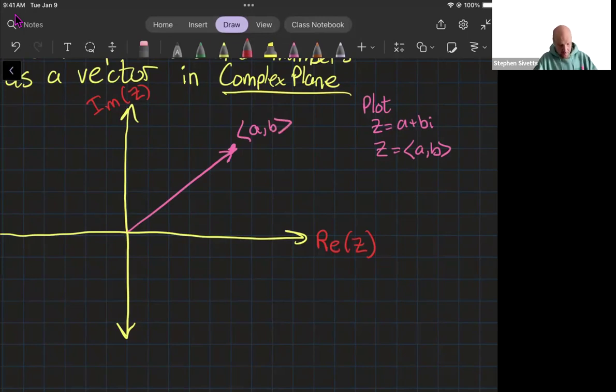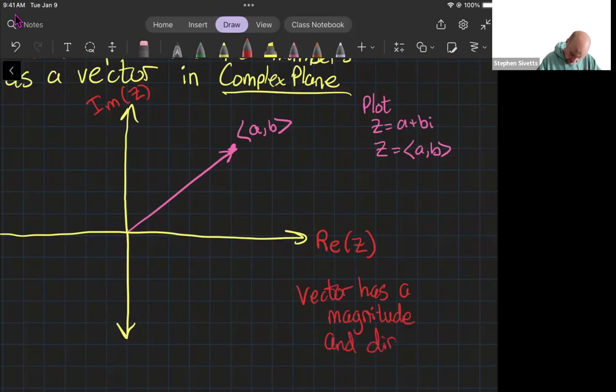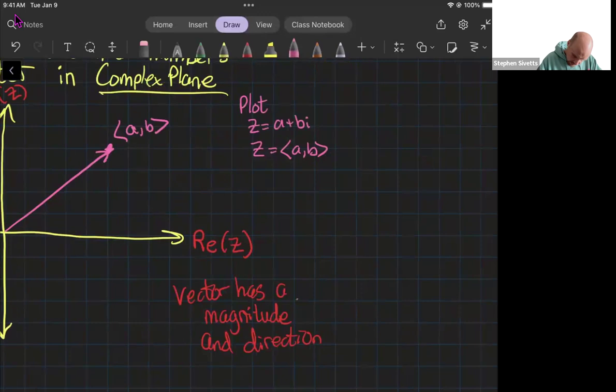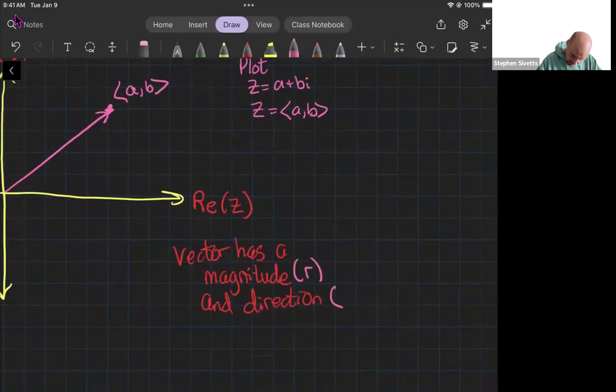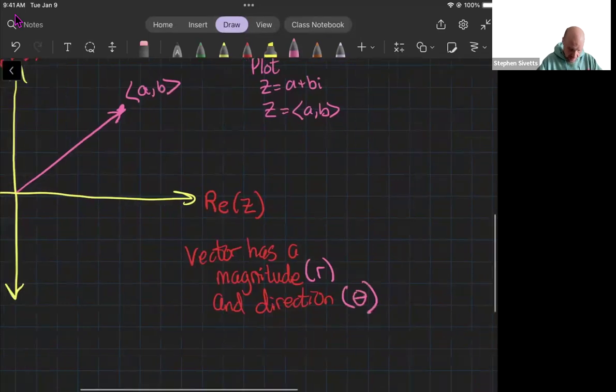So with vectors, by definition, a vector has a magnitude and a direction. Okay, the magnitude being, let's say, R, and then the direction is an angle, let's say theta.